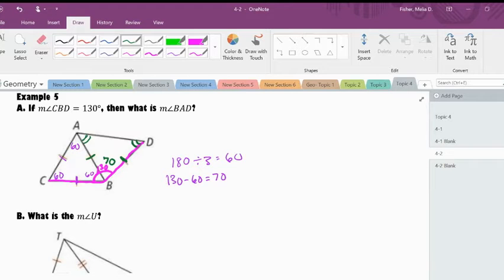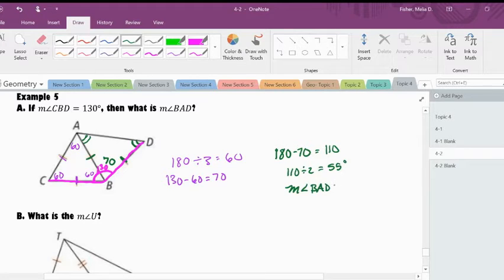So then we do 180 minus the 70 equals 110, and 110 divided by 2 equals 55 degrees. So the measure of angle BAD equals 55 degrees.